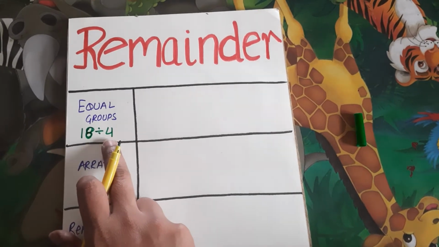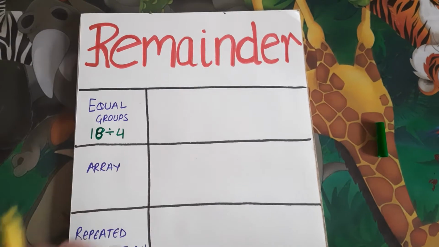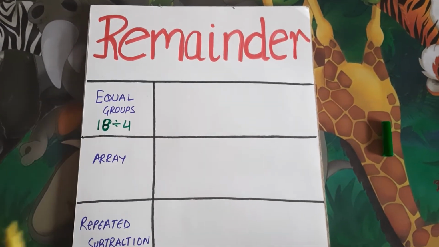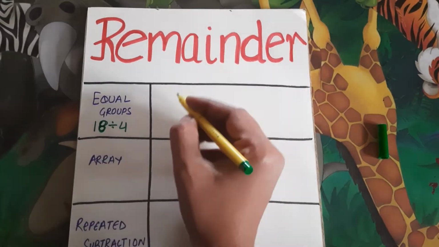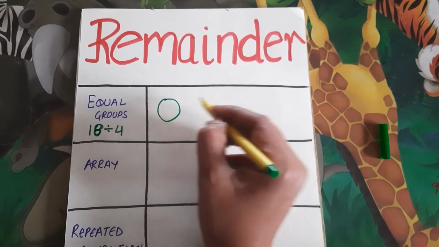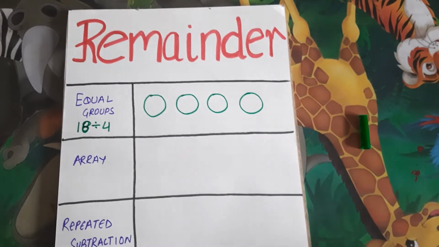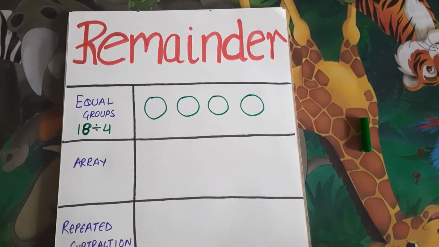So how many groups am I going to make? Right, 4. In equal grouping, I have to see what my divisor is, and here my divisor is 4. So I am going to make 4 groups. Alright, so I have to now divide 18.